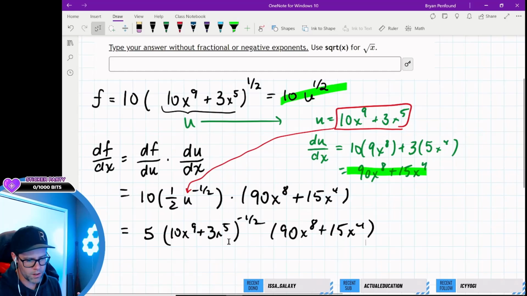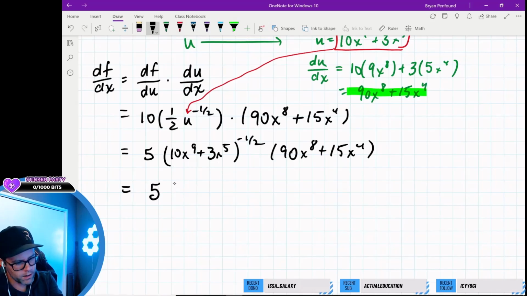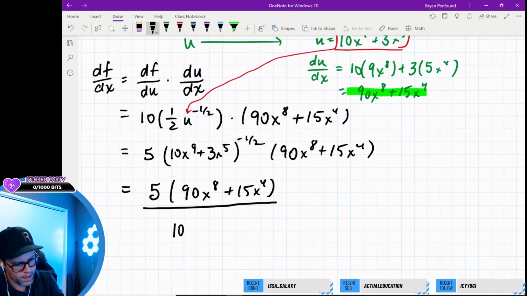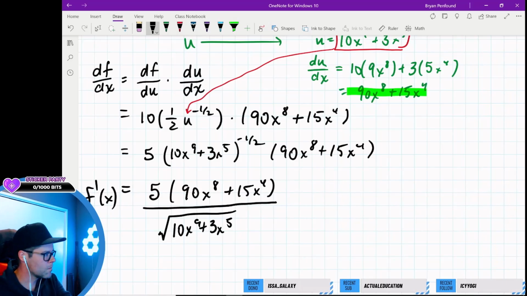So let's drop this negative exponent down into the denominator and rewrite this as a square root. So we'll finish this up by writing 5 times 90x to the 8 plus 15x to the 4, and then in the denominator, we'll have our 10x to the 9 plus 3x to the 5 under the square root. So that should be our f prime of x.